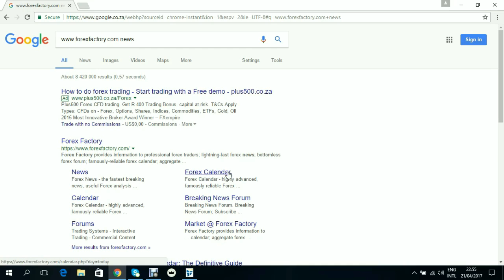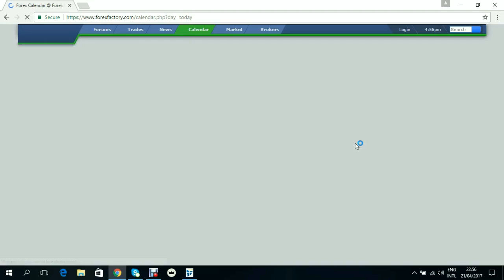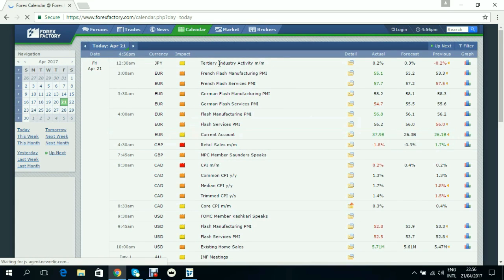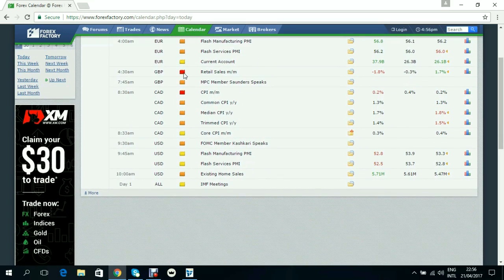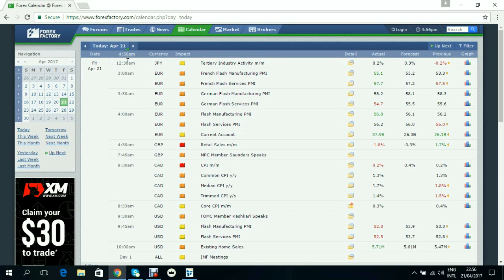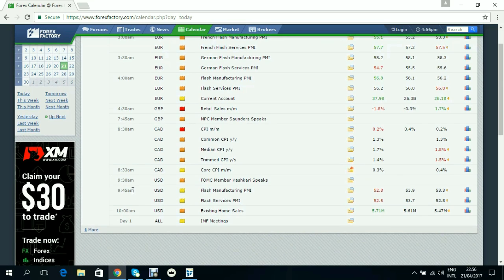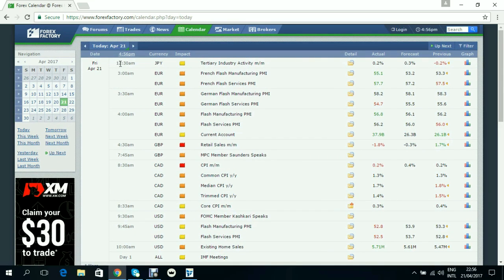I want the calendar. Alright, so here we are on forexfactory.com. All the news releases are there. For example, today is Friday, April 21st. So you'll find out that all the news that were released today are all here. You can see them.